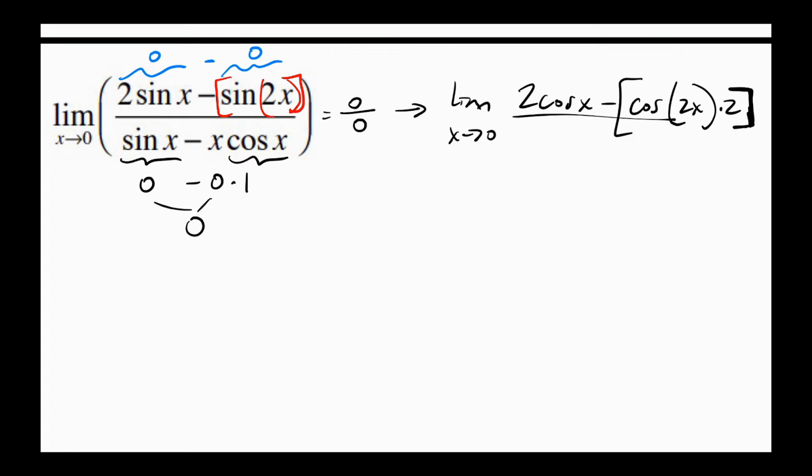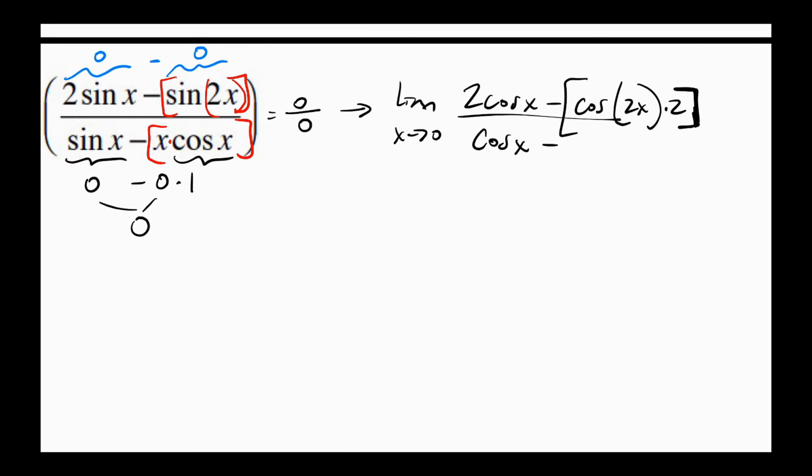Okay. Bottom, sine of x. Derivative of sine of x is still cosine. Minus. And then down here, that's a product rule problem right there. It's not chain rule, it's a product rule because it's x times cosine of x.